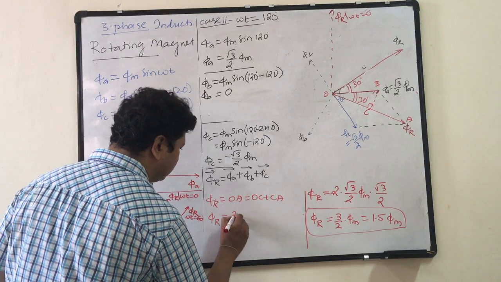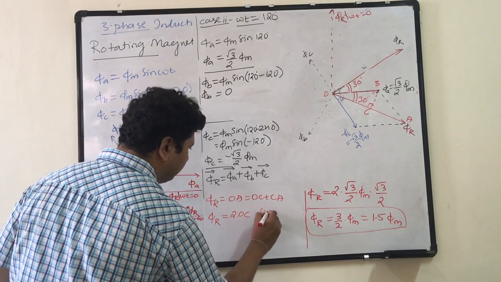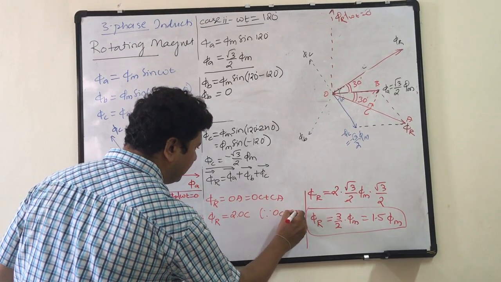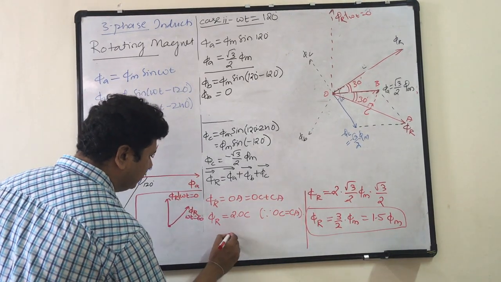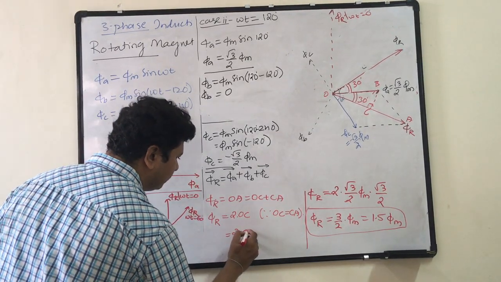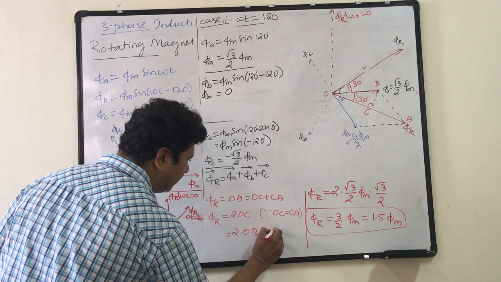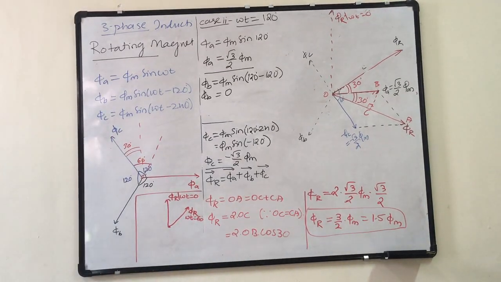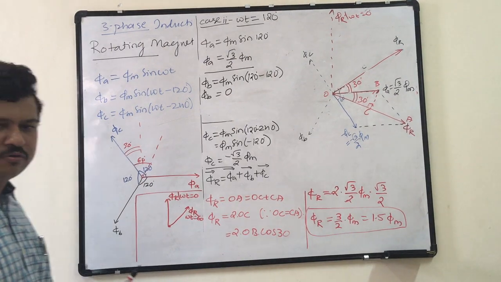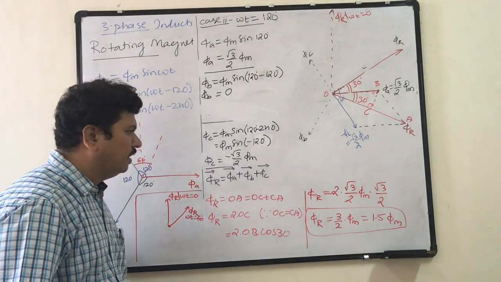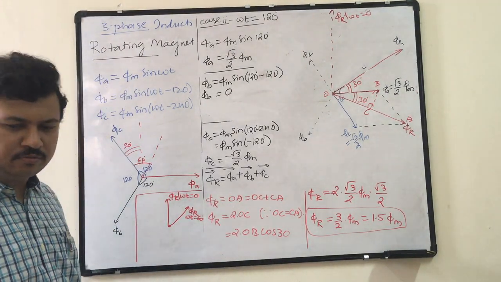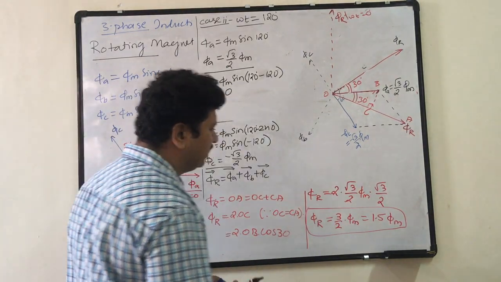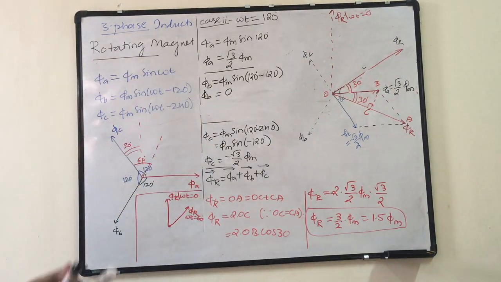Phi r is equal to 2 into OC, because OC is equal to CA. This equals 2 into OB cos 30. So phi r is equal to 2 into OB, which is root 3 by 2 phi m, into cos 30, which is root 3 by 2, and the resultant obtained is 3 by 2 phi m, or 1.5 times phi m.